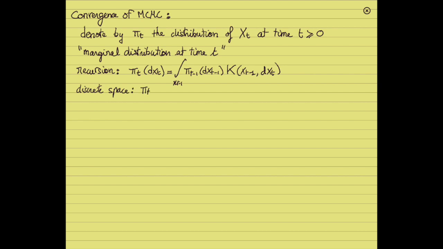Perhaps an exception is the case of discrete spaces, where this can be written pi t equal pi t minus 1 times k, where pi t and pi t minus 1 are row vectors, and k is a matrix, the transition matrix. So in that case, the recursion is a bit more explicit.